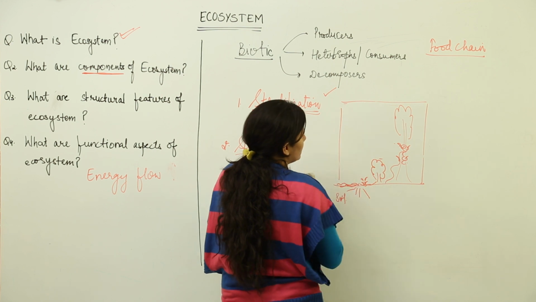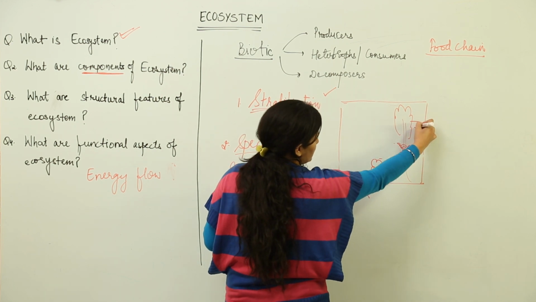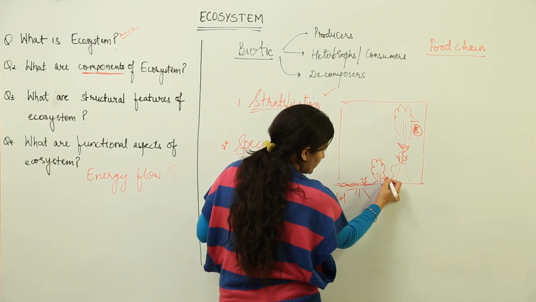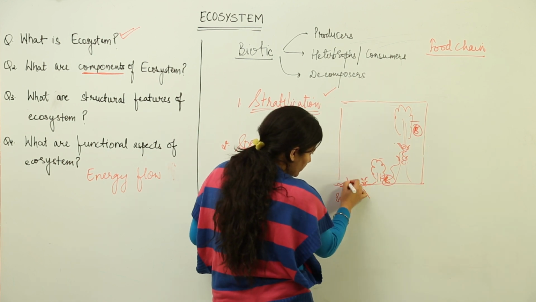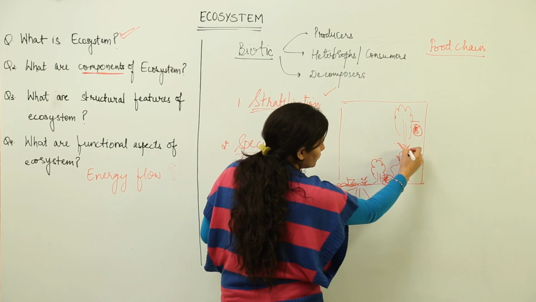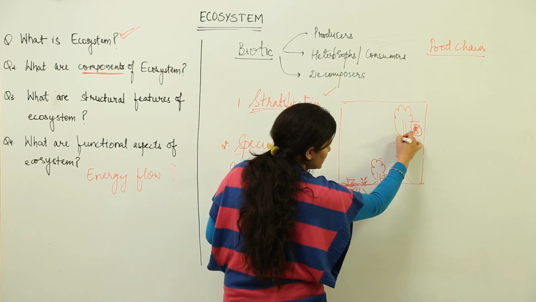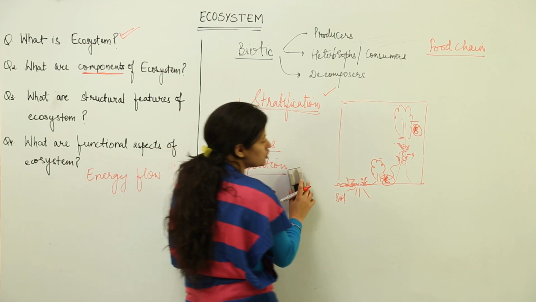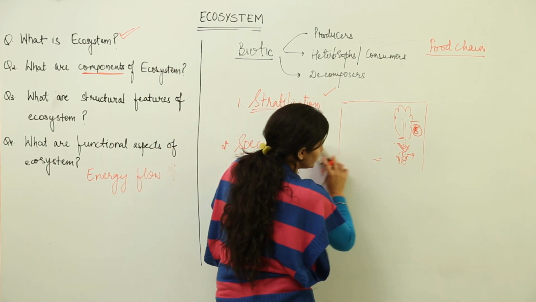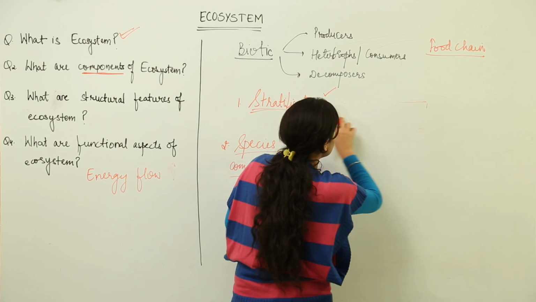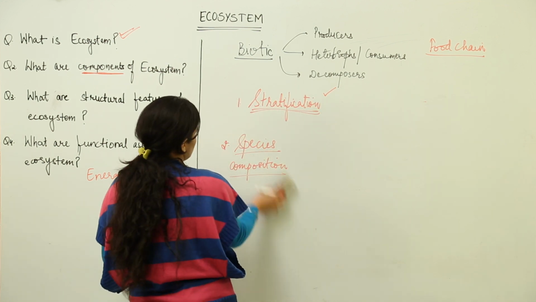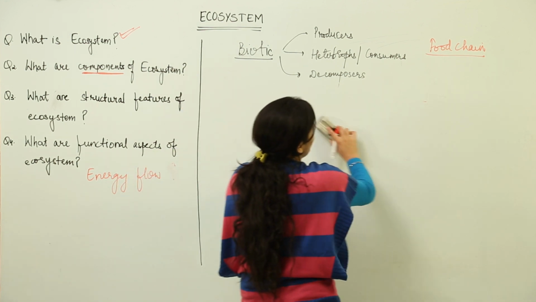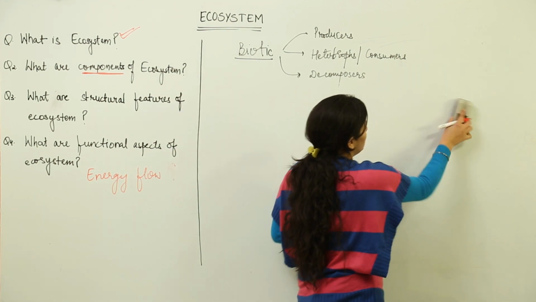Let's see, there would be a few bird species over here, few carnivores would be over here, like those which are on the ground. Then there would be few arboreal species which stay on the tree. So you are basically dealing with the species composition of an ecosystem, and these are the two structural features whose study can make us well versed with the ecosystem.